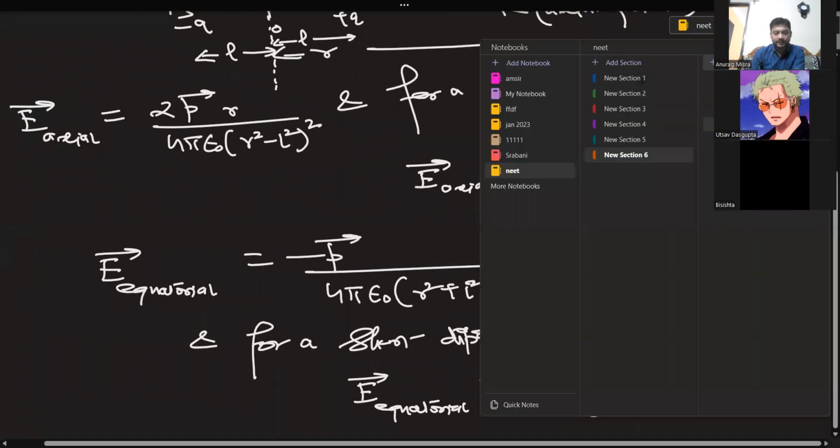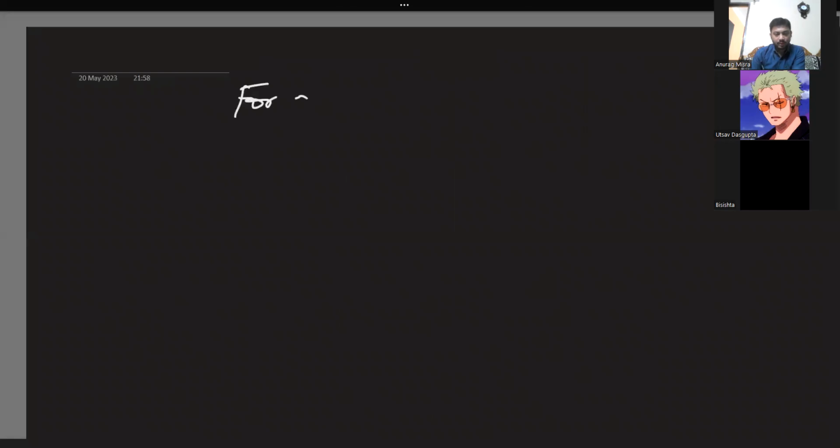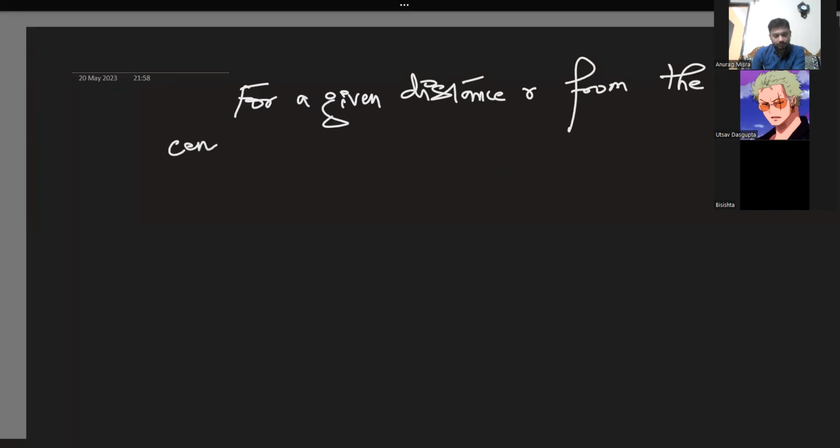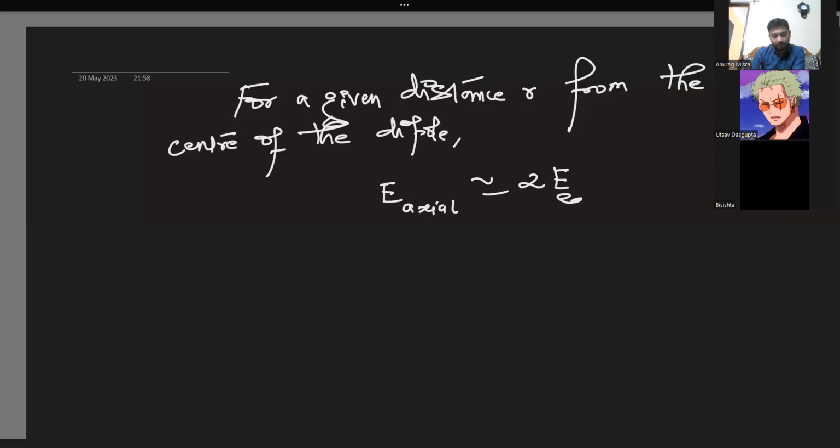So one more point we can see for a given distance r from the center of the dipole, what is found is the magnitude of E axial will be approximately twice the magnitude of E equatorial, for a short dipole, or we can say point dipole.